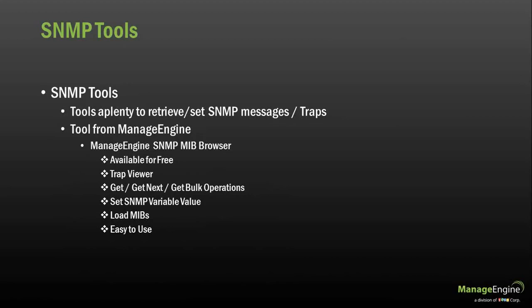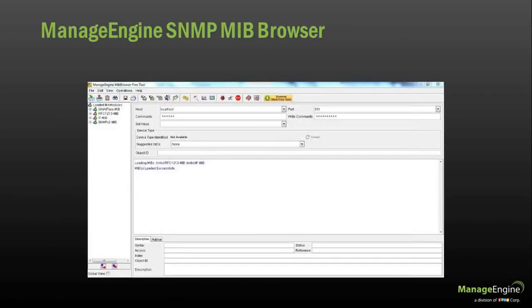And the part 2 of this webinar series will cover a hands-on with the Manage Engine SNMP MIB Browser tool. And what you see is a screen capture of the SNMP MIB Browser. Quite a few MIBs are preloaded, and SNMP commands are icon-driven, making it more user-friendly.